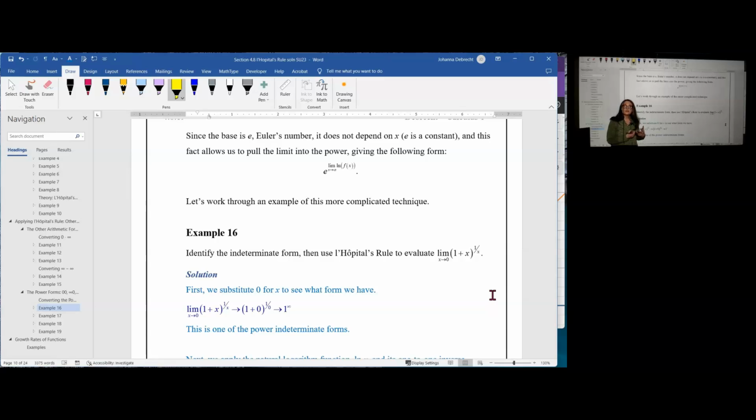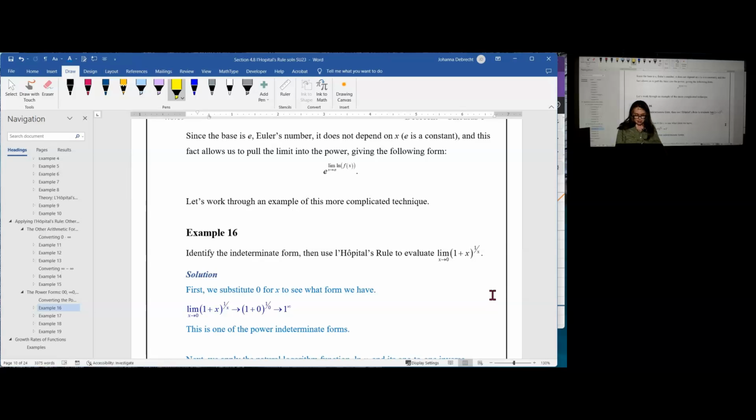So we can actually pull the limit into the power, meaning that instead of taking the limit of e to the natural log of the function, we can raise e to the limit of the natural log of the function. And this will enable us to convert it into one of the 2 basic forms.